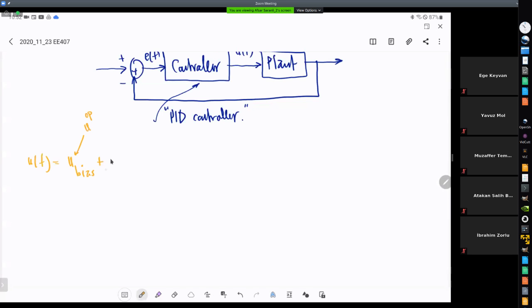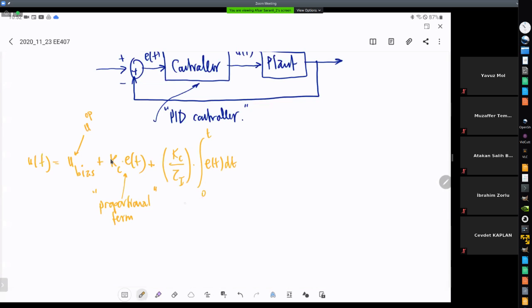So on top of that, we have a coefficient Kc times the error itself. This is the proportional term, okay? And then we have Kc over tau I times the integral of the error, 0 to t, e of t dt.